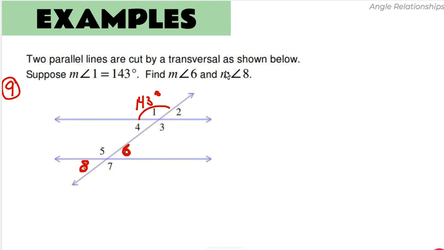Now, this one, we have a little investigating to do. There are so many different ways that you could approach this. Here's the way I would do it. If you look at 8 and 6, do you see how 8 and 6 are vertical angles?